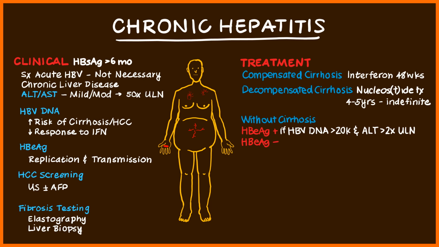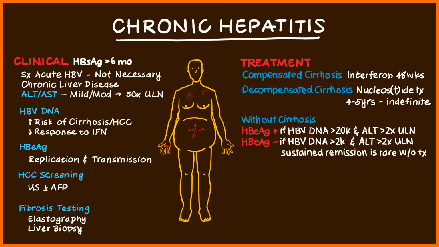If the E antigen is negative, then you treat if the viral load is more than 2,000 and the ALT is more than 2 times the upper limit of normal. You want to treat with the E antigen negative because sustained remission is actually more rare in that case without treatment. Treatment has been shown to provide more sustained remission.